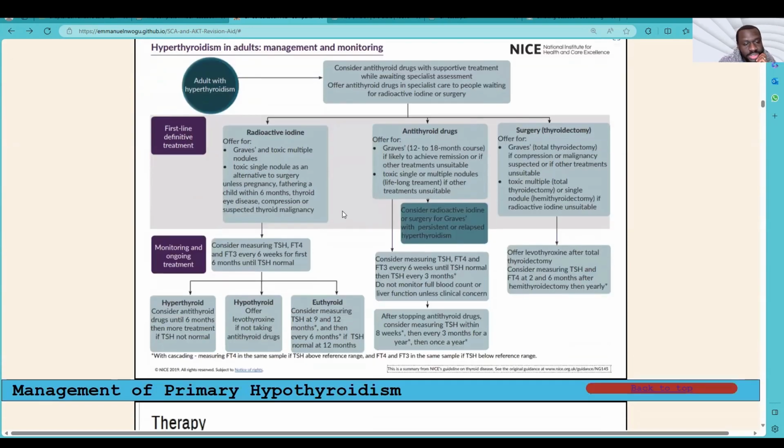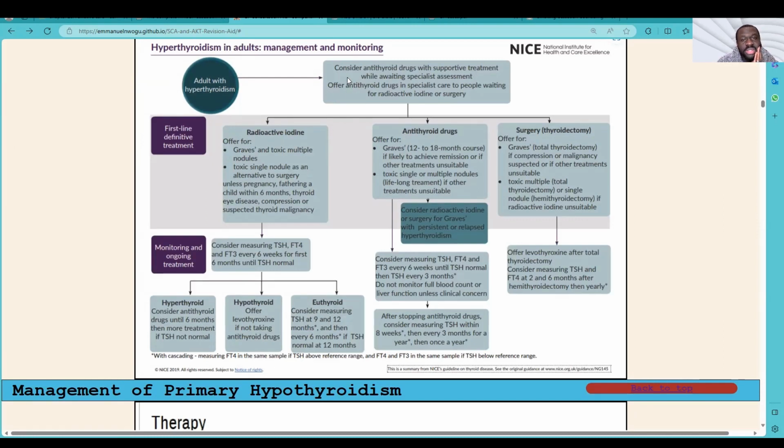Hypothyroidism treatment algorithms are important. We'll just have a review of these. I think in my ST3, my primary care, I've had only one patient with hypothyroidism.